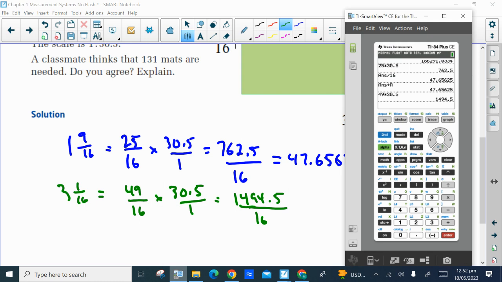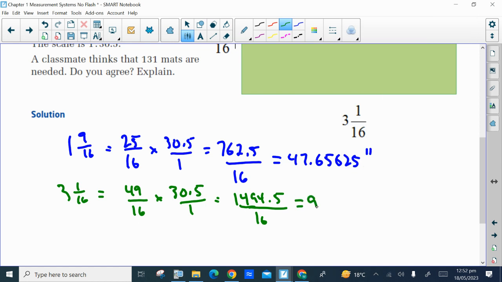So we'll divide again. 93.40625, which I'm going to store into memory slot B. 93.40625 inches. So that's the actual width of each of those mats.